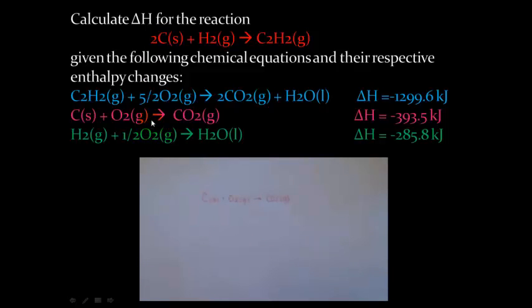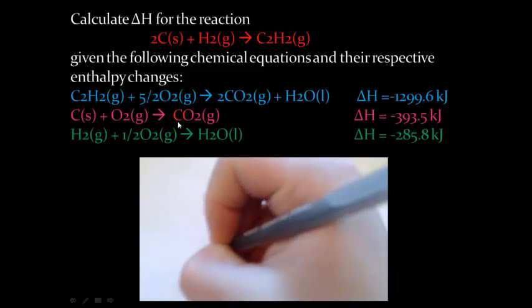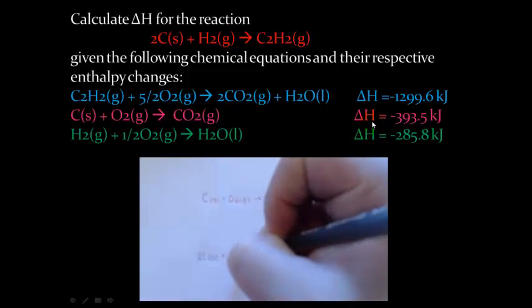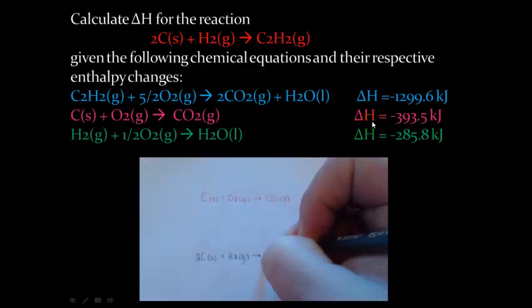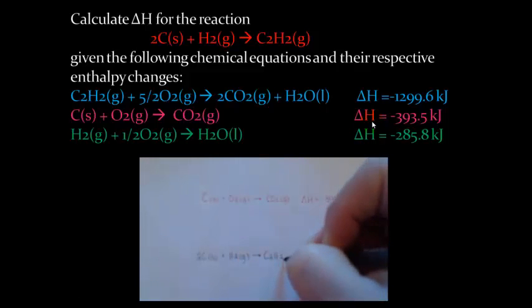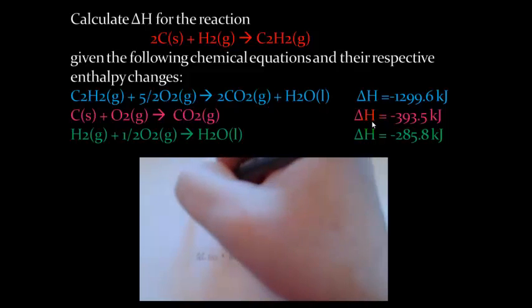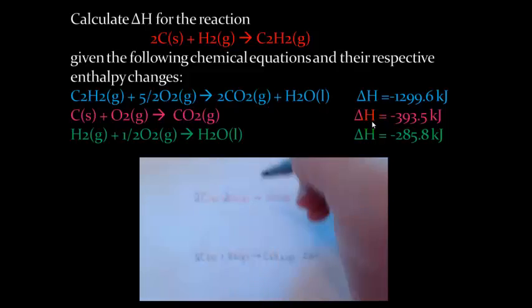So what we're going to do is multiply everything in this equation by 2, so that we have two carbons, 2 O2s, 2 CO2s, and if we do that, remember that we have to go back and multiply the delta H by 2, because if we use twice as much carbon, we're burning twice as much carbon, we're making twice as much carbon dioxide, so we're producing twice as much heat.